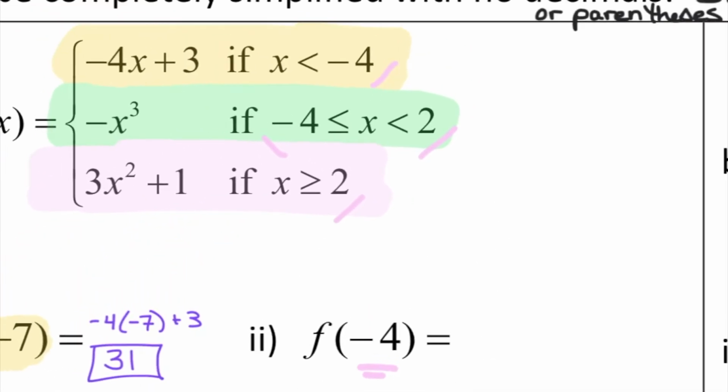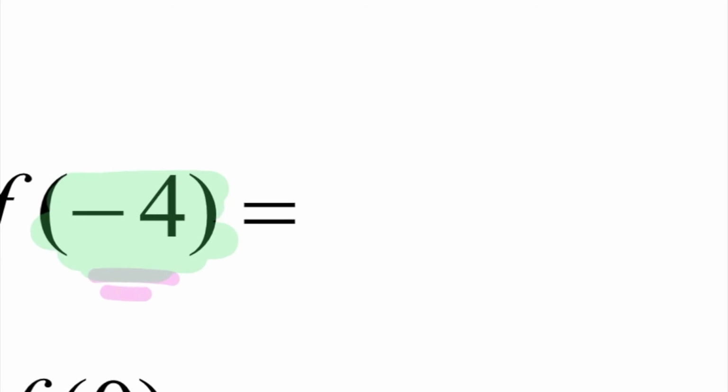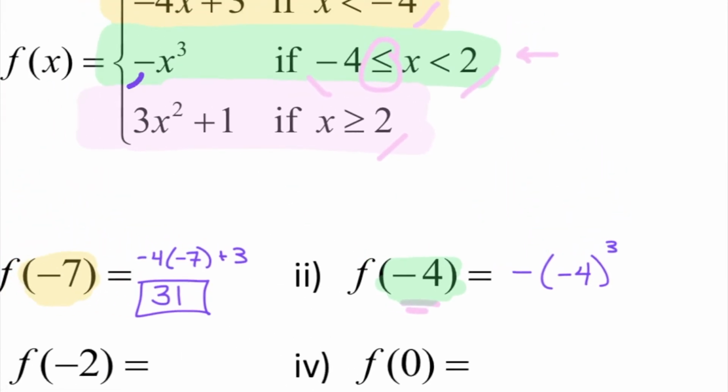So here you're looking at the less than or equal to sign, and so you're going to use the second equation for f of negative 4, and so I'm going to substitute negative 4 to the third power, negative because of this, and then negative 4 into the x, so you have that negative sign twice.